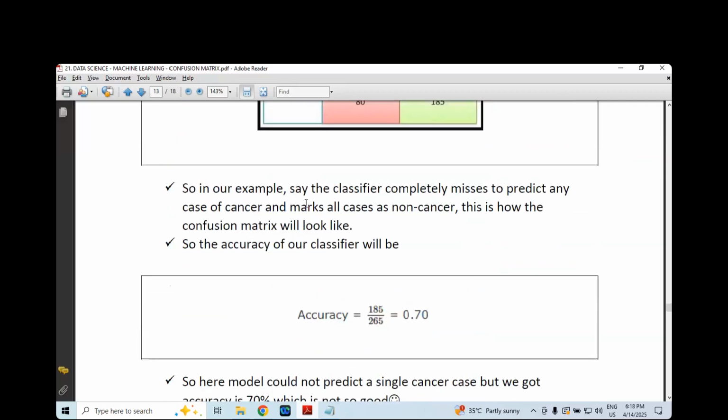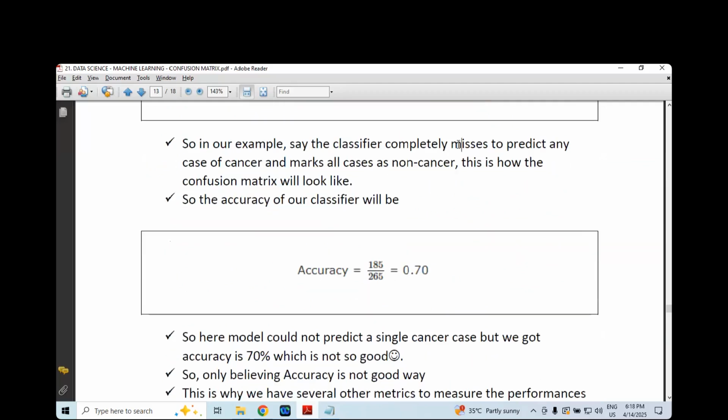In our example, say the classifier completely misses predicting any case of cancer and is marking them all as non-cancer. This is how the confusion matrix will look.